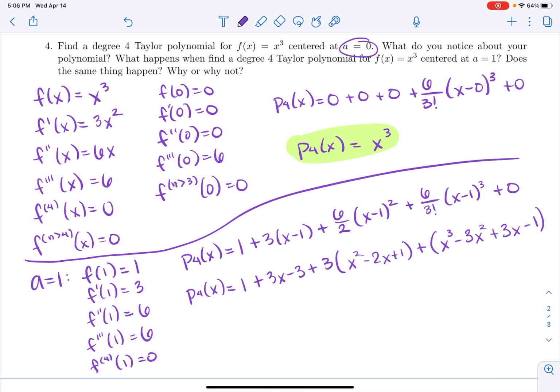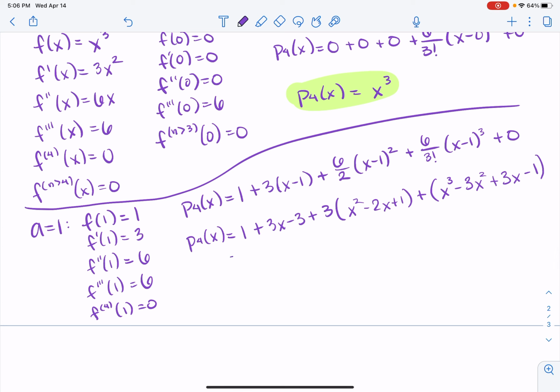And then plus 0, which I'm not going to put. I'm not sure why I'm writing this big diagonal, but we'll see.